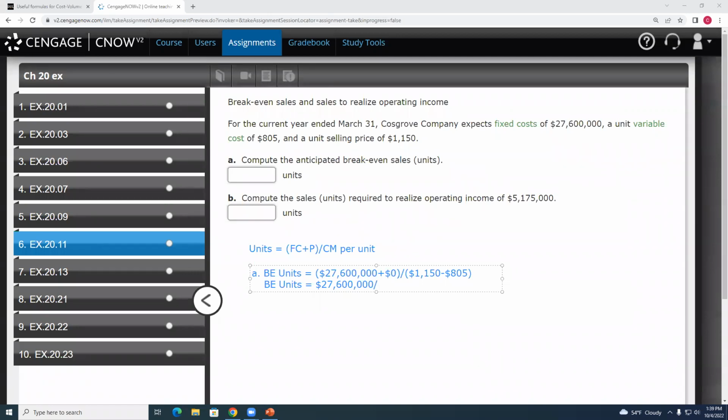And so our contribution margin, after we cover the variable costs, and we know those variable costs would be 0 if we weren't making any product. So for every unit of the product we make, we incur $805 in costs that would not be incurred if we weren't making the product. That leaves $345 of the selling price to apply toward our fixed costs and ideally to make a profit in the long run.